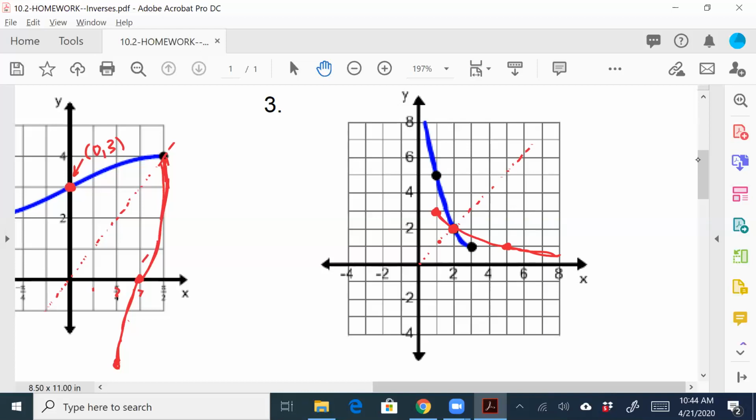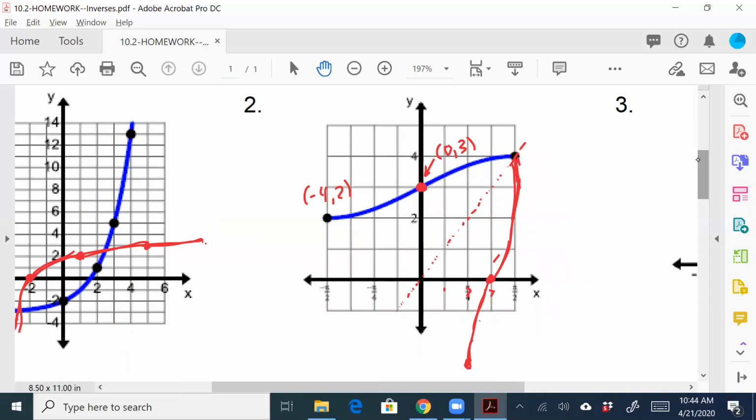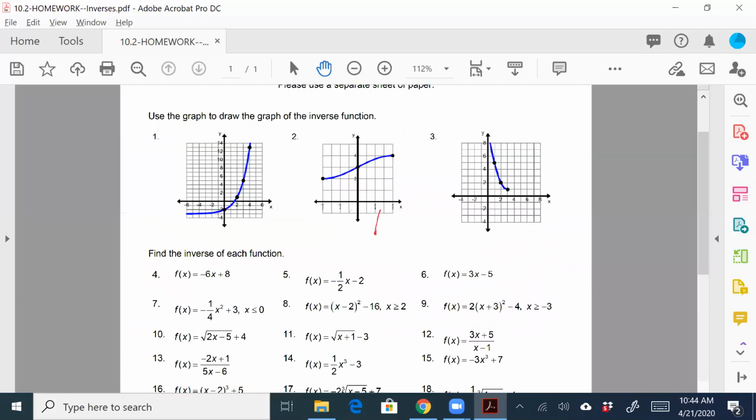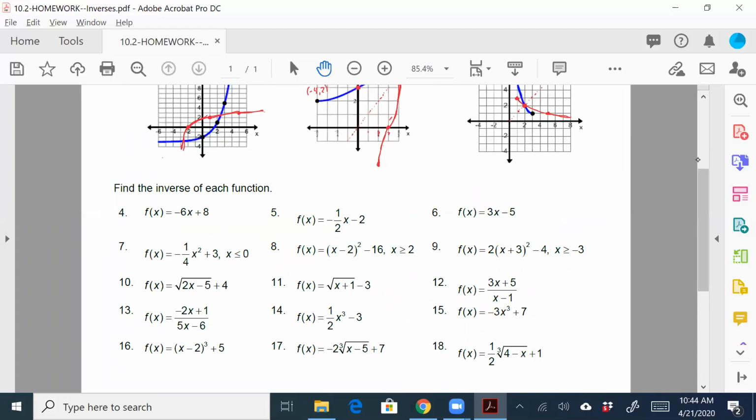Easier to see in this case because x and y are the same scale. They're little squares rather than rectangles like you see over in number 2 and number 1. Which one of these would you like to see? How about number 9? All right.